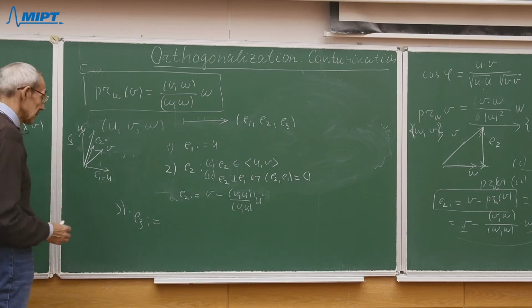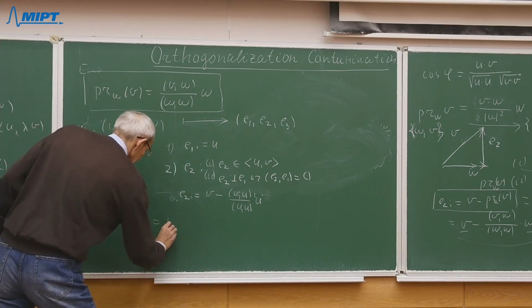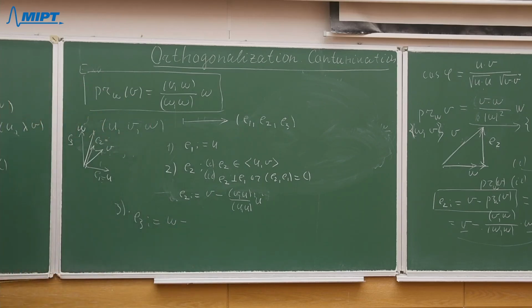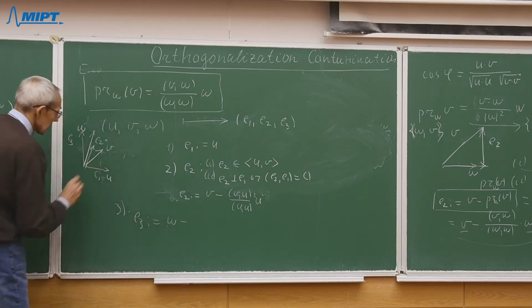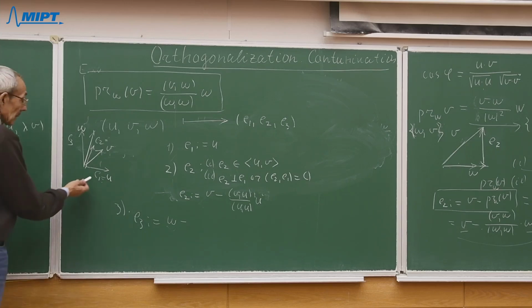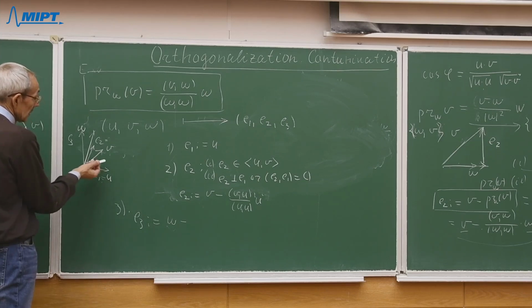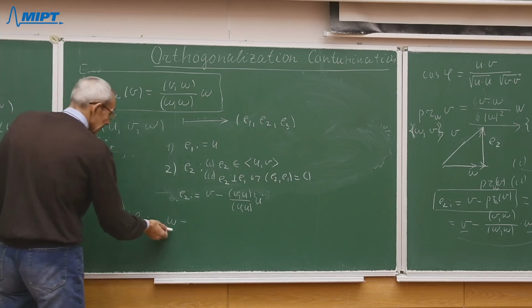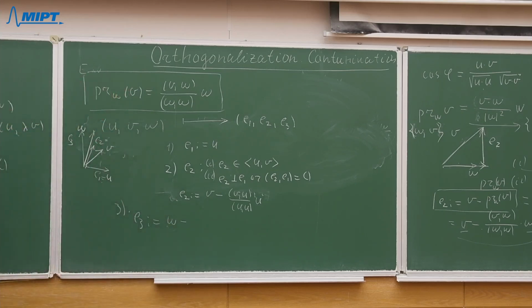We define this vector as a difference between the last vector w and the projection of this vector w on the plane generated by the vectors u and v, namely the difference between the vector w and the projection of w on the linear span of the vectors u and v.